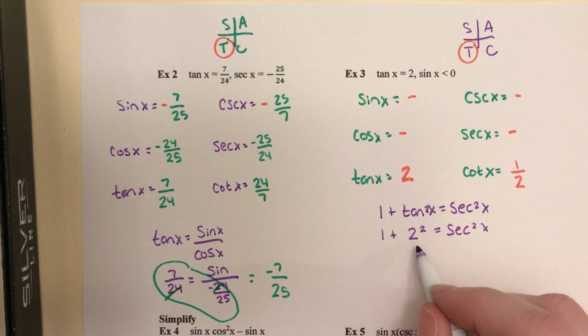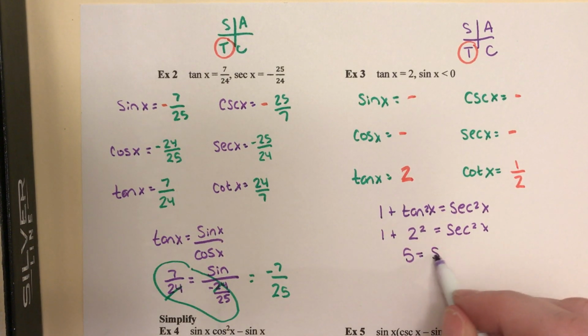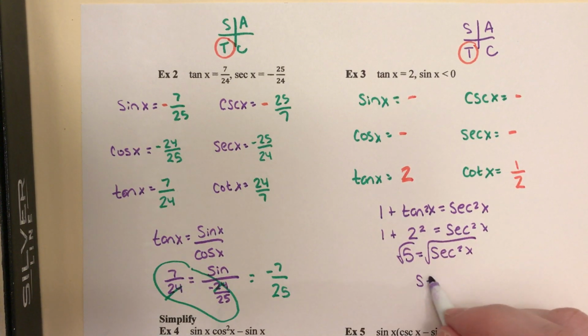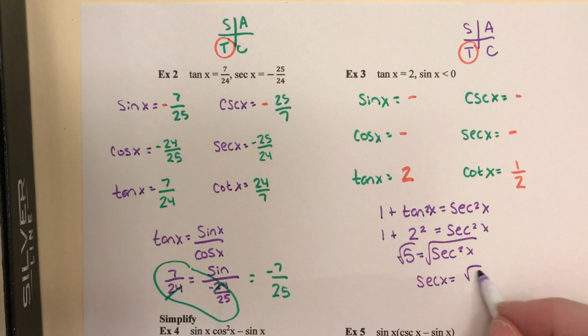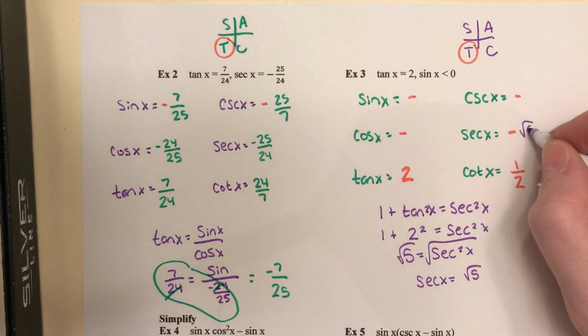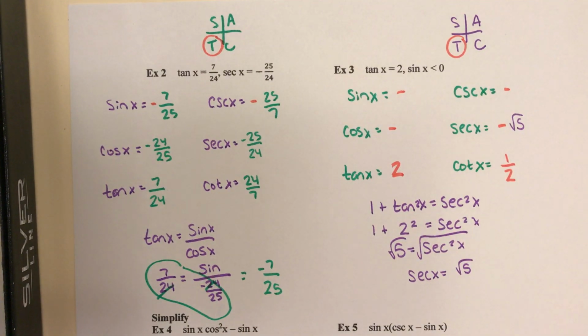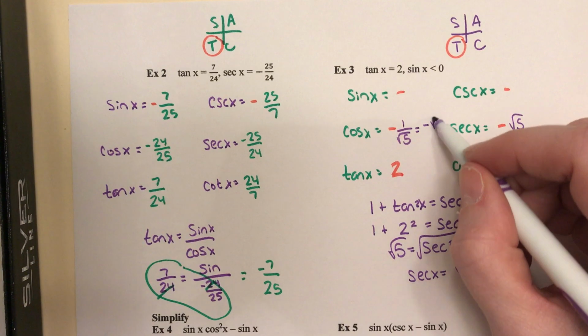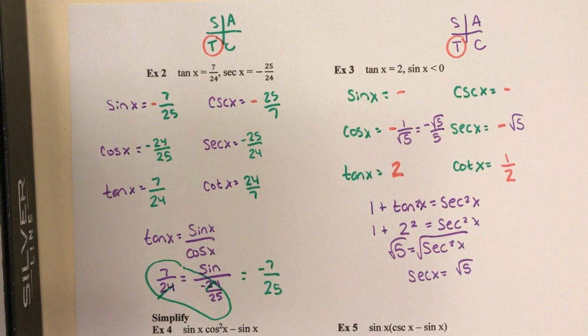That would give me 1 plus 4, so 5. Take the square root. Secant is root 5. And I know the answer has to be negative. So I can get the reciprocal by flipping that, 1 over root 5, which is negative root 5 over 5.